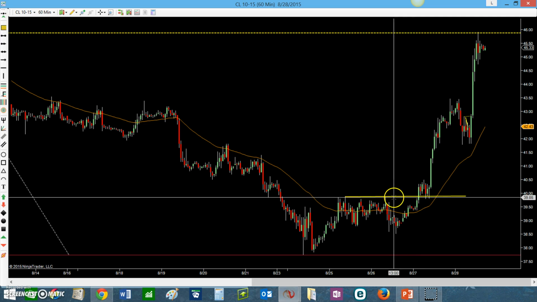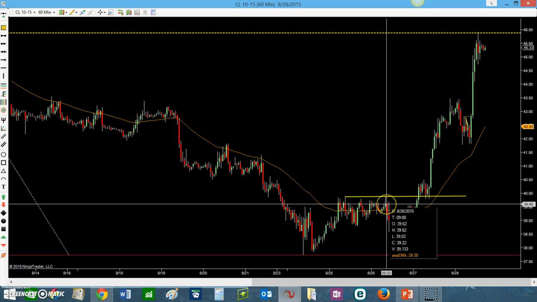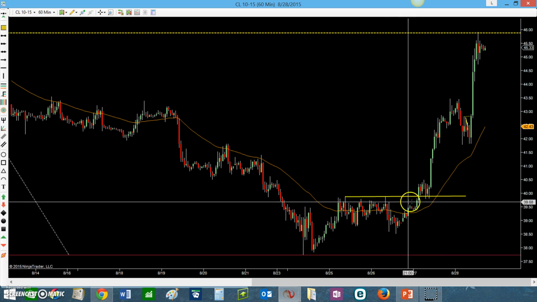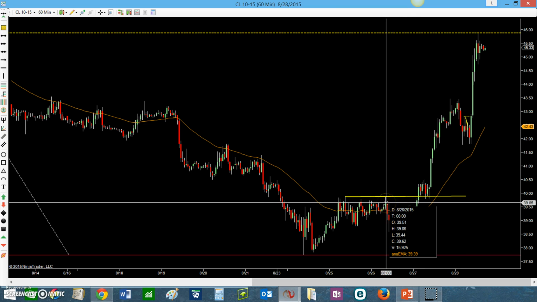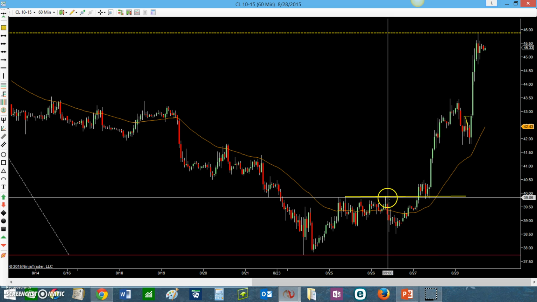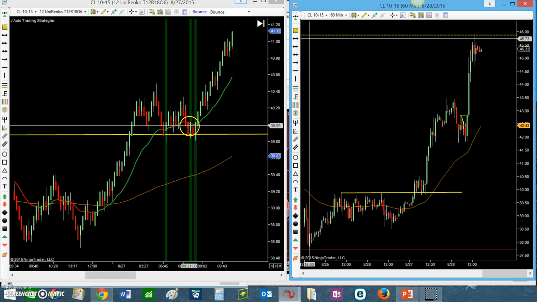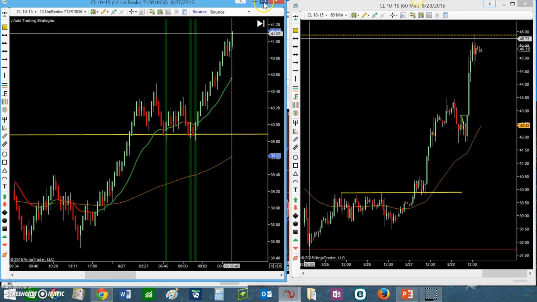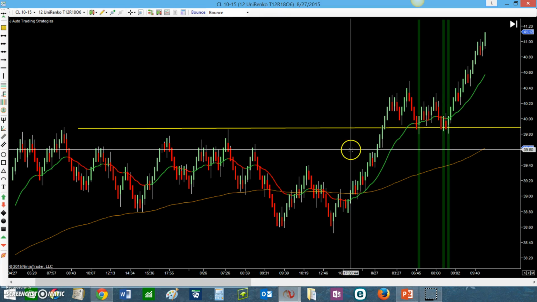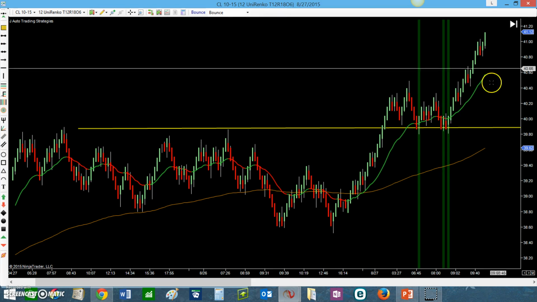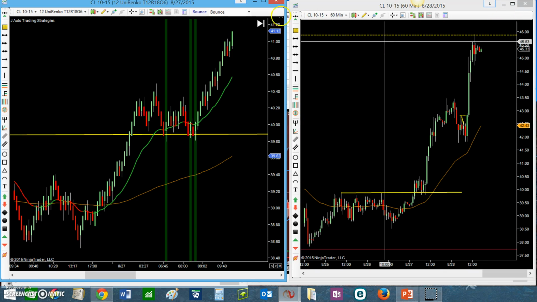The initial breakout level was at 39.86. So if you want to be your own quant, you can come into your BloodHound indicator, code that up in the morning before the market gets there, and you are off to the races for a breakout.